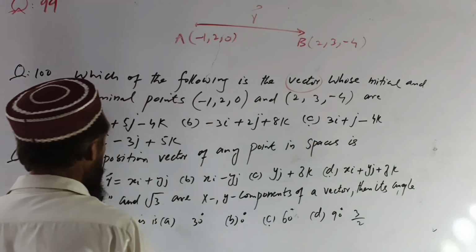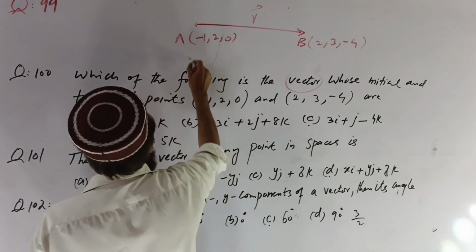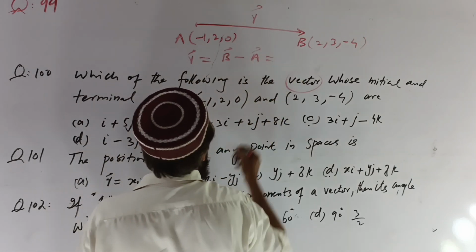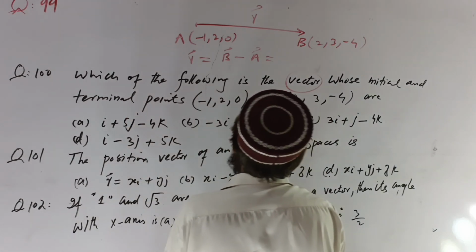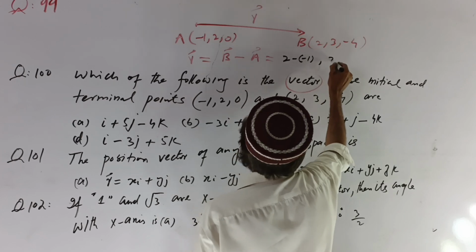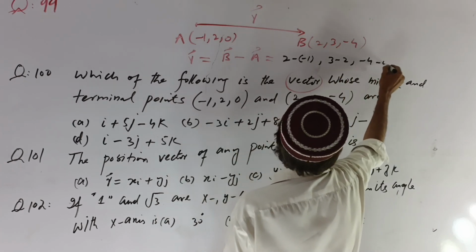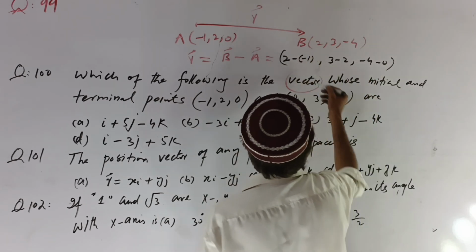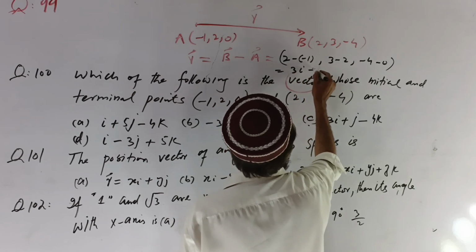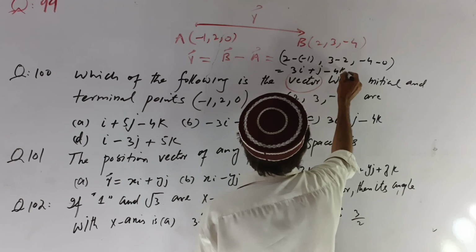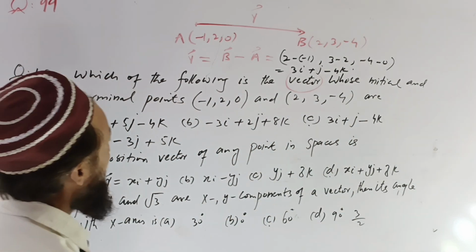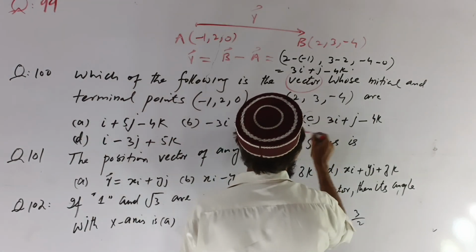We can write the vector as B minus A. So we just subtract. What is the result? We can write 2 minus -1, 3 minus 2, and -4 minus 0. So the result is 3i plus j and -4k. So look here, the option C is the correct answer.